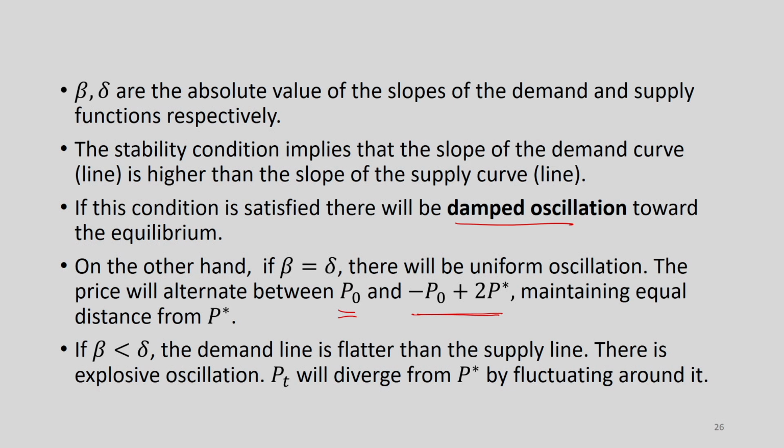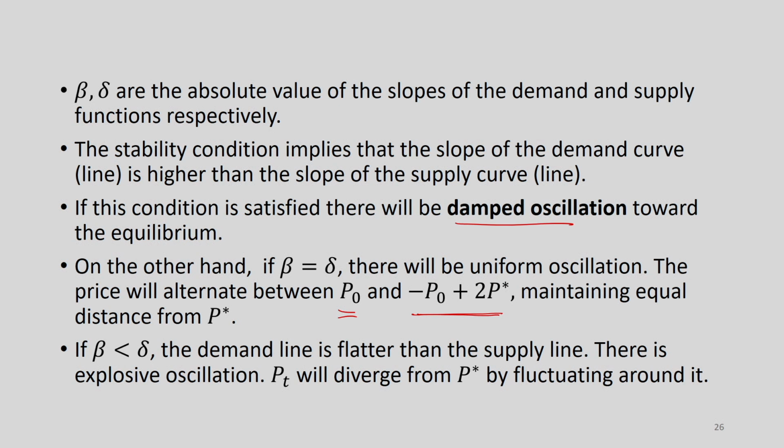So, in this case where beta is equal to delta, Pt will alternate between these two values P0 and minus P0 plus 2 P star in every 2 successive periods, and these two values are actually equidistant from P star.